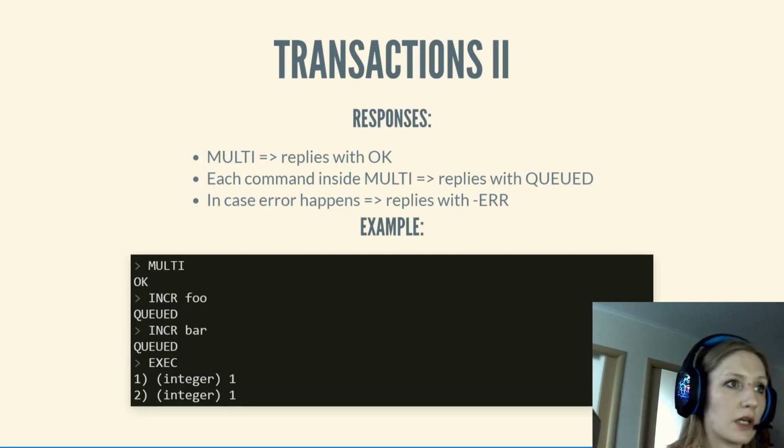In case of an error, you will see an error message. There are 2 types of errors. The first may take place before the EXEC command, and then the client aborts the operation itself, and after the EXEC command it's generally the server that aborts the operation.